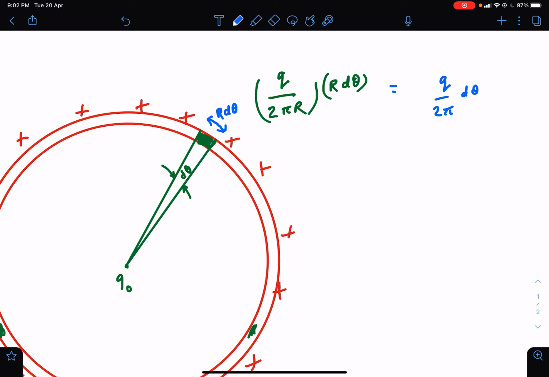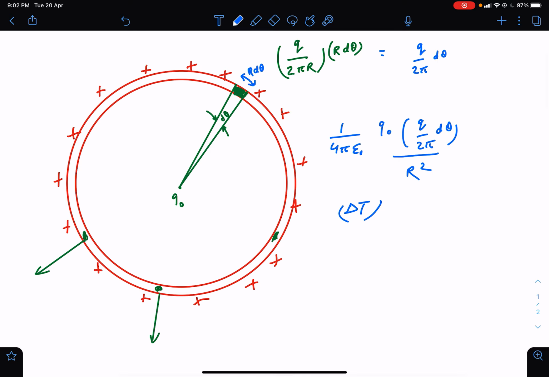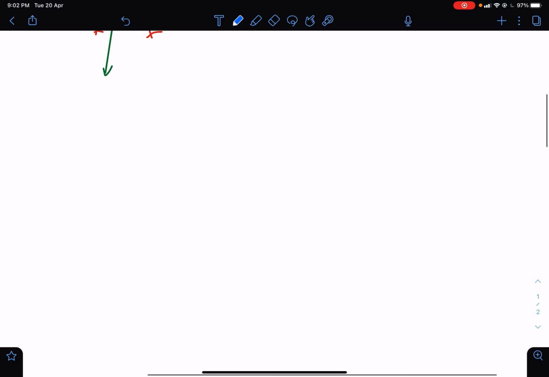How much force will it get from the charge kept at the center? That will be 1 by 4 pi epsilon naught, q naught into q by 2 pi d theta, k q1 q2 by r square. This extra force needs to be cancelled out by extra tension. Let's say tension increases by delta T.